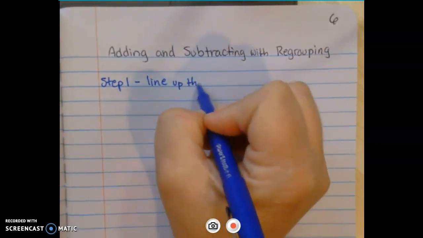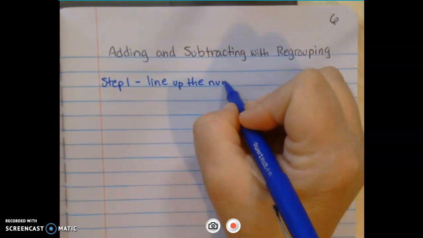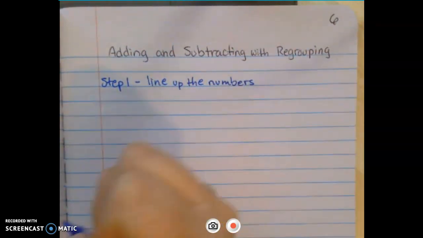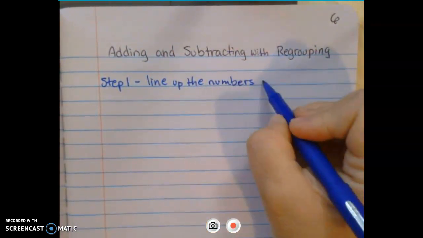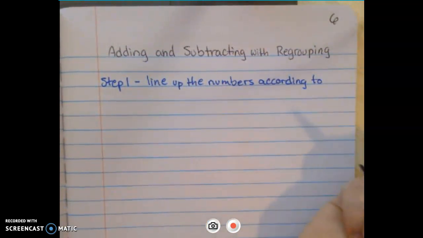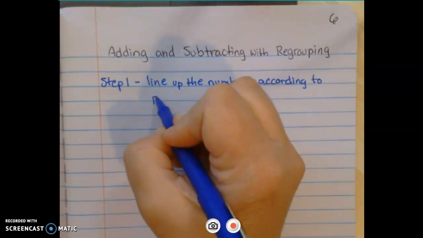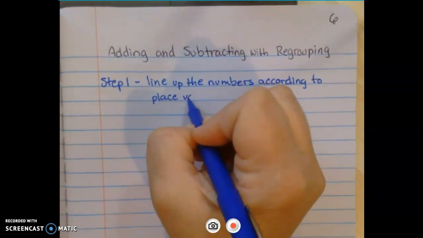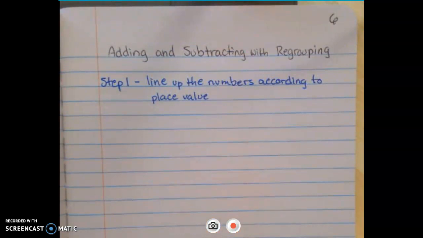Line up the numbers according to place value. So in other words, when we're adding two or more numbers together, we want to make sure that the ones are all in line with each other, the tens are all in line with each other, and so on.